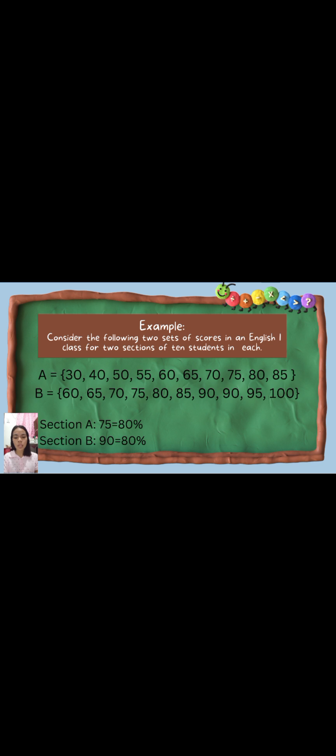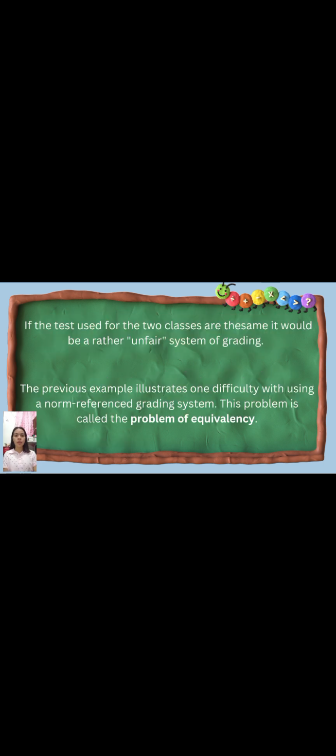Mapapansin natin yung dalawang row score na yan, mas mataas yung section B. But pagdating sa equivalent, yung 90 is equivalent to 80%, while in section A naman, yung 75 na mas mababa sa 90 is equivalent also to 80%. If the tests used for the two classes are the same, it would be a rather unfair system of grading.